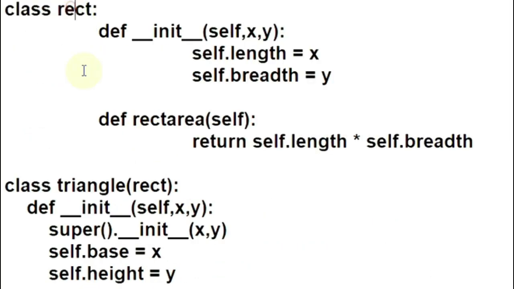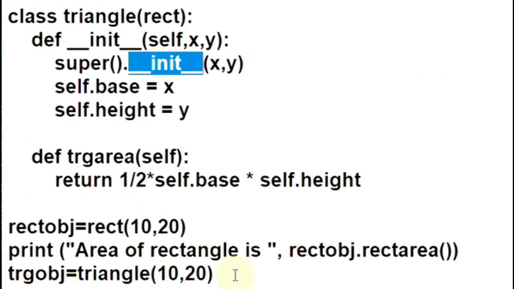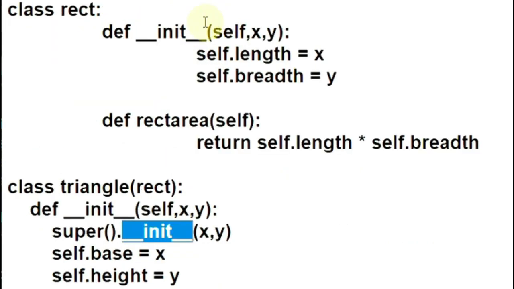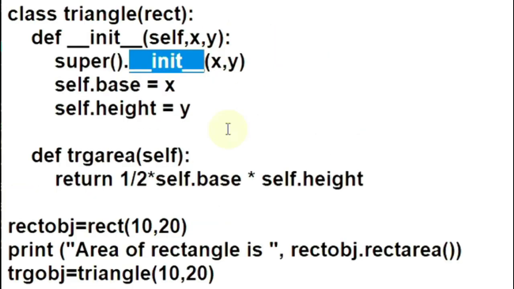Now this rect class is the superclass of the triangle class because the triangle class is inheriting the rect class, right? And while invoking the parameterized constructor, you are taking these two arguments x and y which were received from here. So this 10 and 20 were assigned to these x and y parameters, and this 10 and 20 are taken while invoking the parameterized constructor of the superclass, that is the rect class. So this 10 and 20 will be assigned to the length and breadth attributes of the trg object.